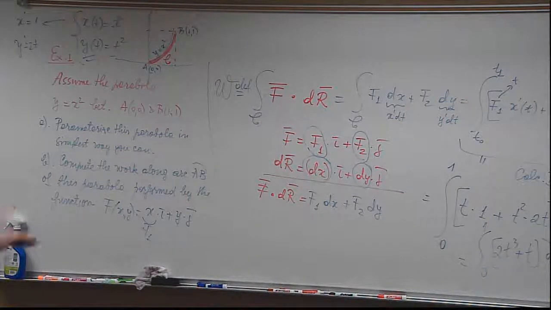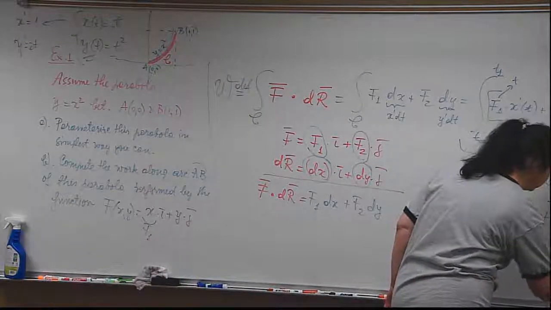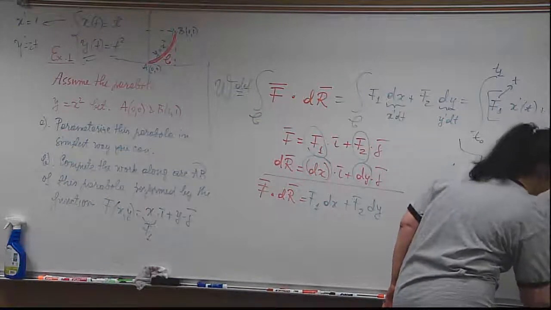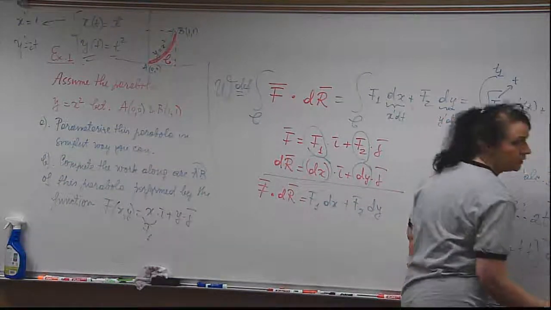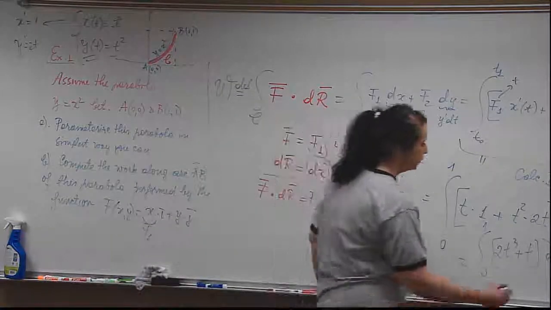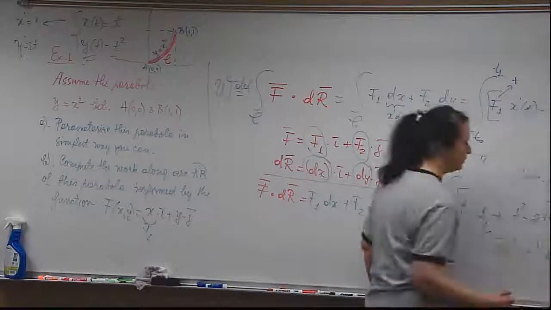Good. Let's do it, because that's a piece of cake. 2 times t to the 4 over 4 plus t squared over 2. I take the whole thing between, I apply the fundamental theorem of calculus, and I have between t equals 1 up and t equals 0 down, what's the final answer?